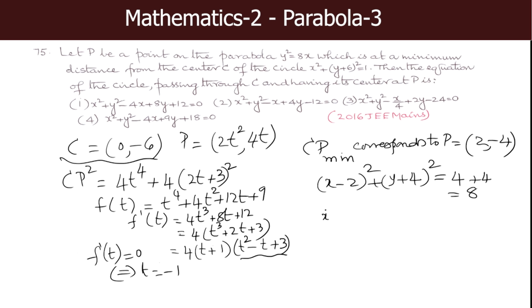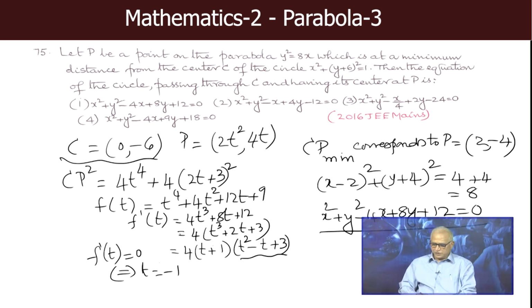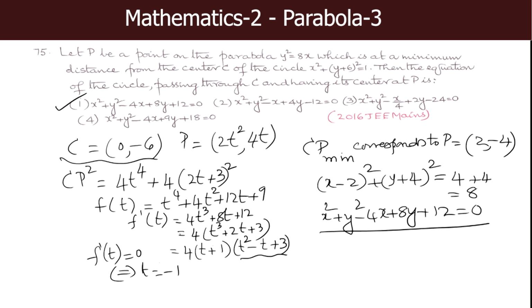So x square plus y square minus 4x plus 8y plus 16 plus 4, 20, minus 8 plus 12 equal to 0. So, this is the circle with center at P and passing through the center C of the given circle, x square plus (y plus 6) whole square equal to 1, which is of course the first option here, x square plus y square minus 4x plus 8y plus 12 equal to 0. This is given in the 2016 JEE Mains.